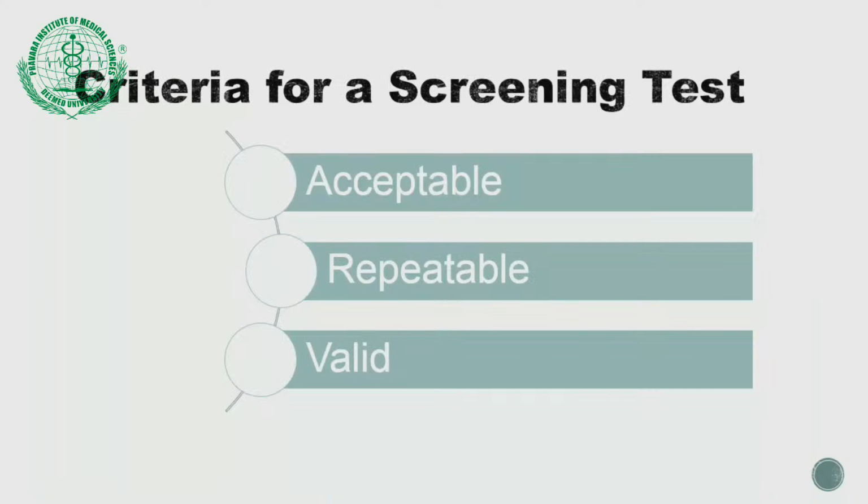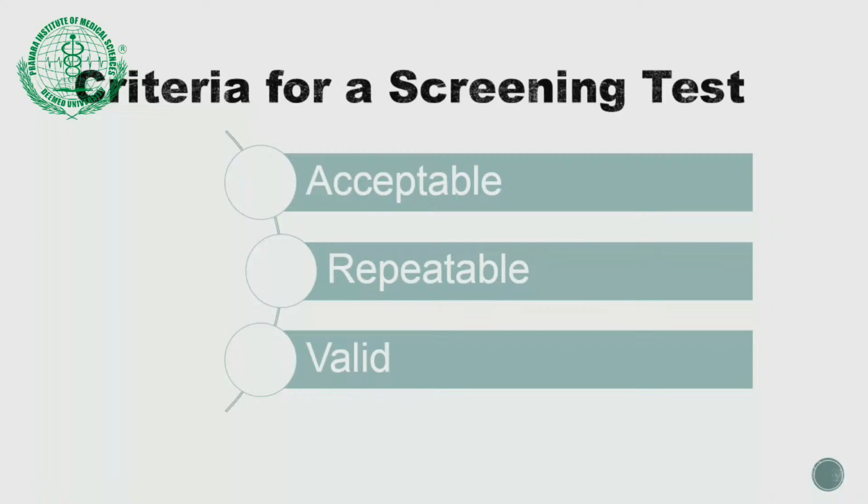A screening test must satisfy certain criteria in order to be successfully implemented. The first thing is that it should be acceptable. A high rate of cooperation is necessary to carry out screening tests.